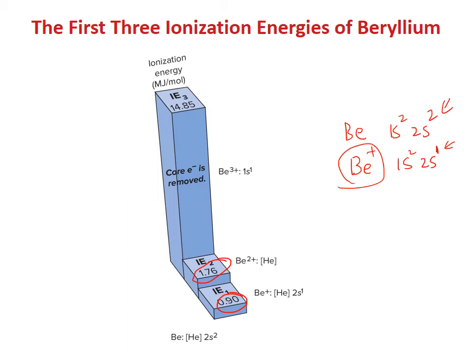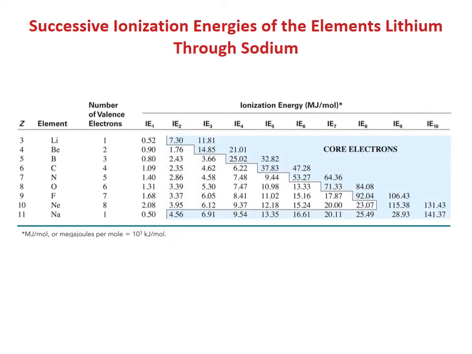The resulting ion is beryllium 2+, so 1s2. Now remember, these are the core electrons, the 2 electrons. To remove another electron takes 14.85 megajoule per mole, and that's about 10 times the second ionization energy. This table shows the successive ionization energies of the elements lithium through sodium.